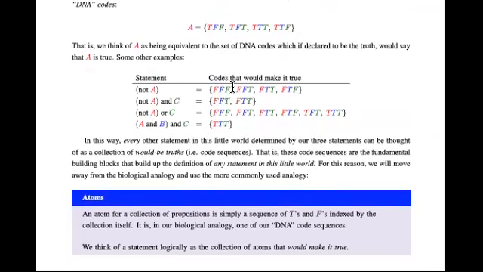These codes right here, you could call them atoms. An atom is a sequence of T's and F's indexed by the collection of propositions itself. We say that a statement has a particular atom in its collection if that atom, were it true, would actually cause that statement to be true.